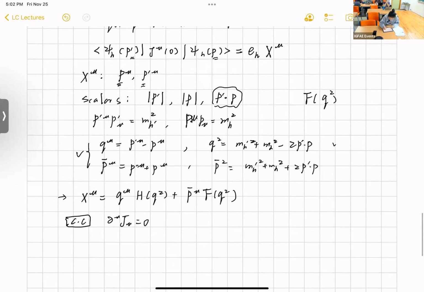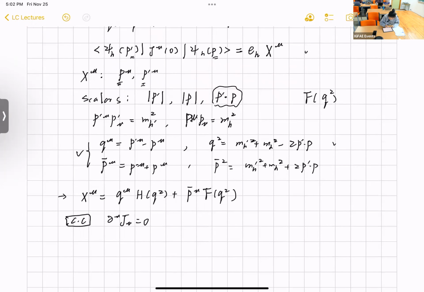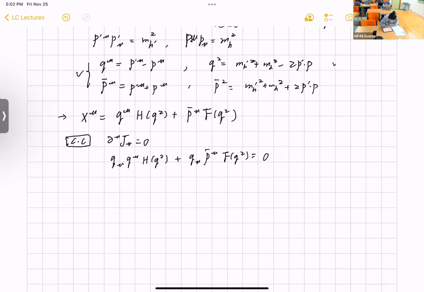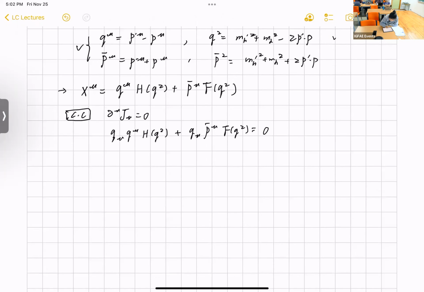So if I plug this X^μ into this equation and apply the current conservation relation, what I have is h q squared plus f q·p̄ equal to 0. Okay, so this means though it appears that I have two form factors, there is a dependence between them, so I only have one independent form factor.